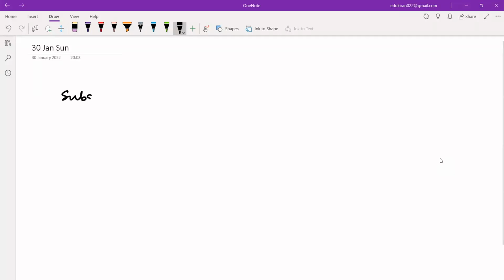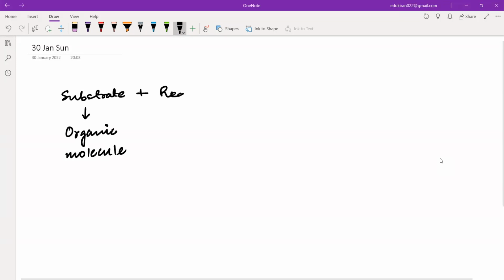there is a substrate that is particularly organic. This is always an organic compound. It's an organic molecule. Then there is a reagent, and this reagent can be inorganic.